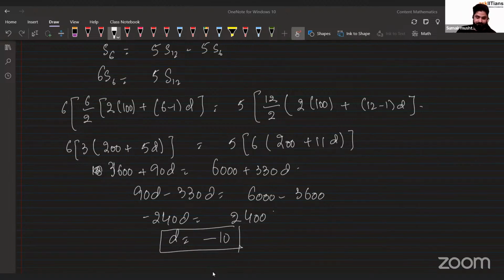See, now your an is given. You have to find n by finding the common difference and all.